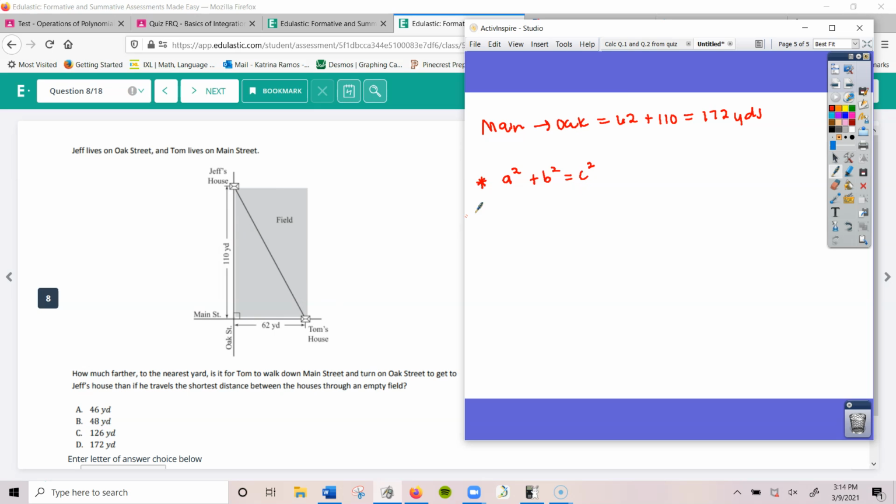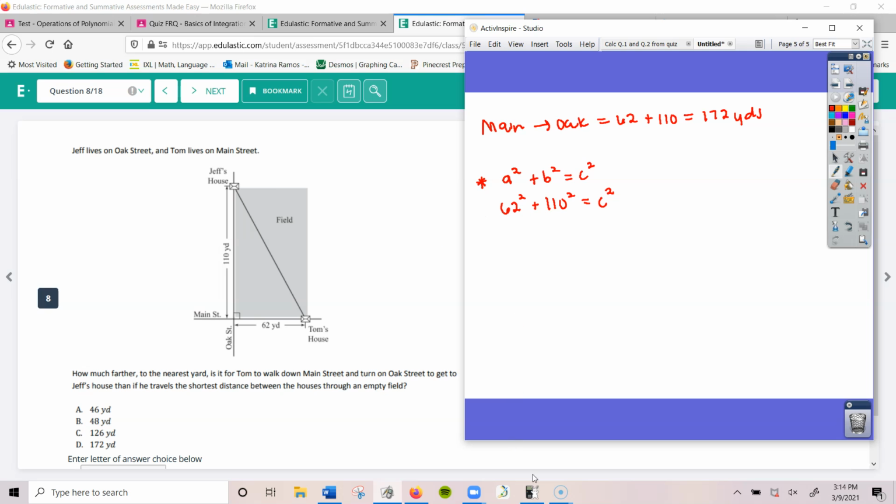So we're going to replace a with 62 squared plus b, which is 110 squared, is equal to c squared. What you choose to assign a and b does not matter. You could have said that a is 110 and b is 62, and you would still get the same answer.